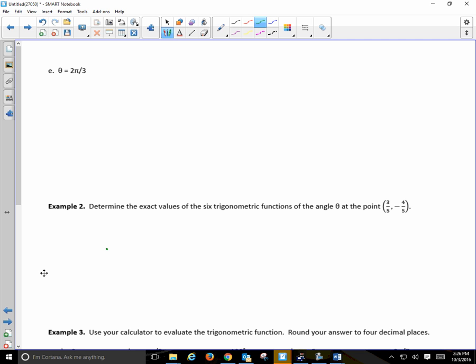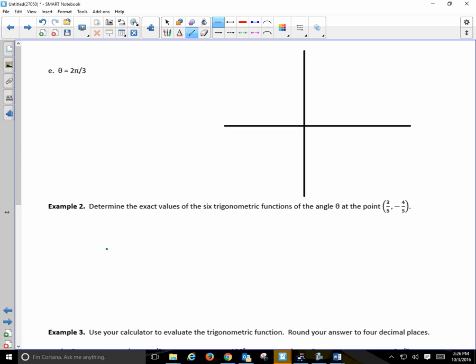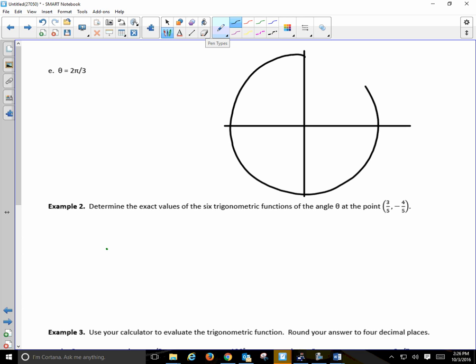Okay, we'll do one last one. 2 pi over 3. Without using the formula, 2 pi over 3, how many degrees? 120.